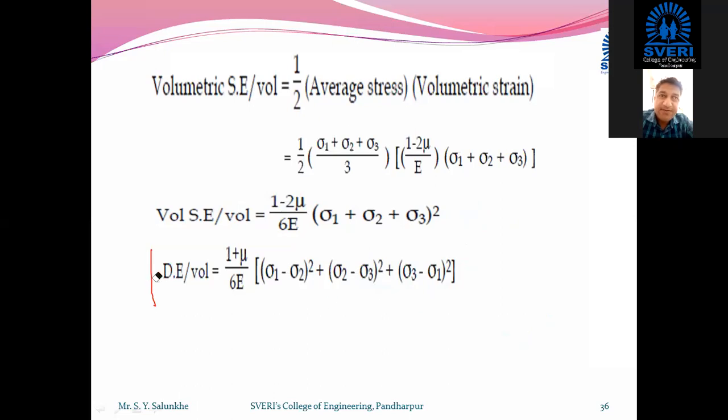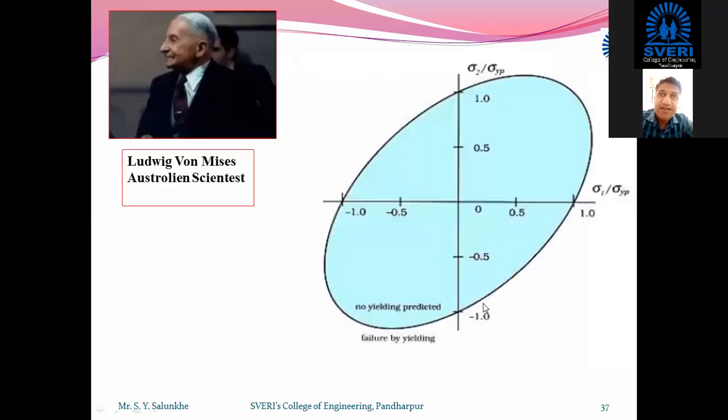And this equation we have to compare with the equation which we are going to get from the tensile test. And from the above equation, we also get an ellipse equation.